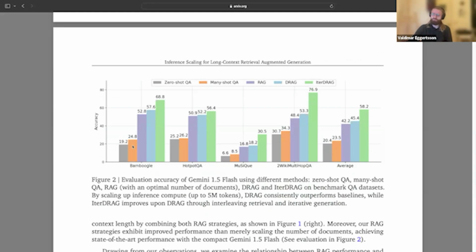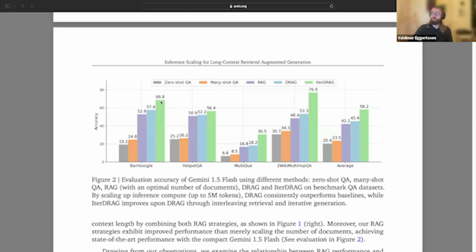This is just not using retrieval at all, and it kind of sucks because most of the time ChatGPT doesn't know the answer or just makes up some answer. But by using RAG, the performance gets considerably better. And then using the demonstration RAG, or DRAG, you get a 5% increase, which is pretty good.